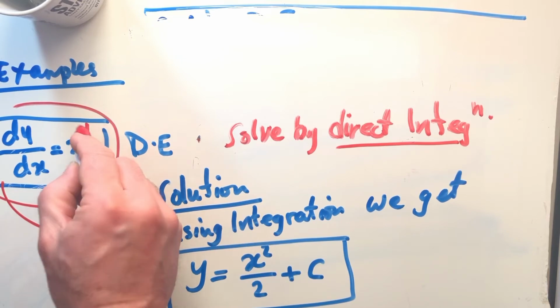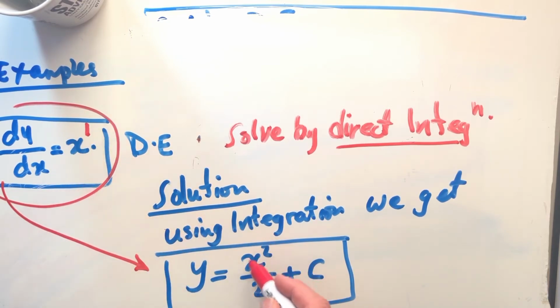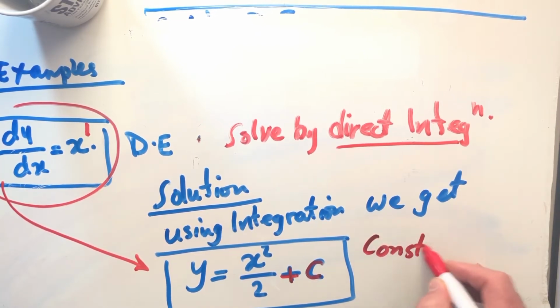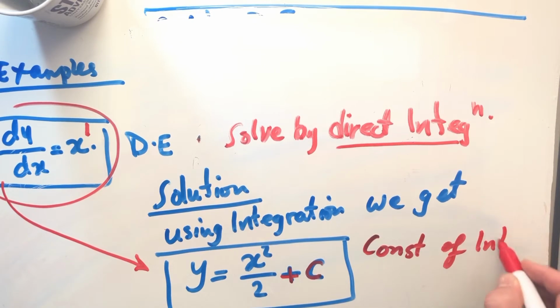So it's originally 1, increased by 1 it becomes 2, and you divide by the new power. And don't forget to put a plus c, the constant of integration. You must put this. This is called a general solution.